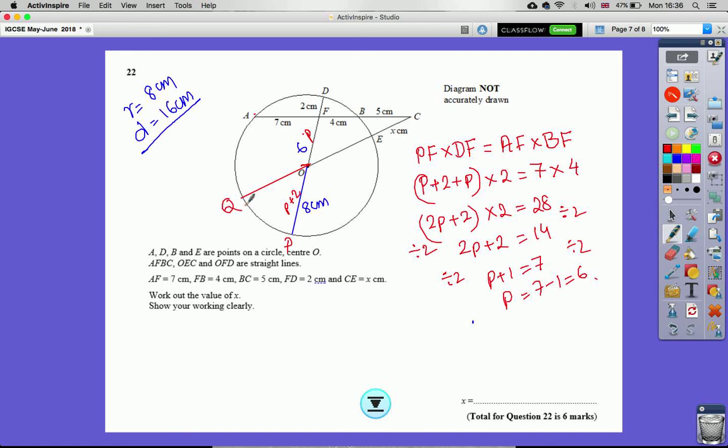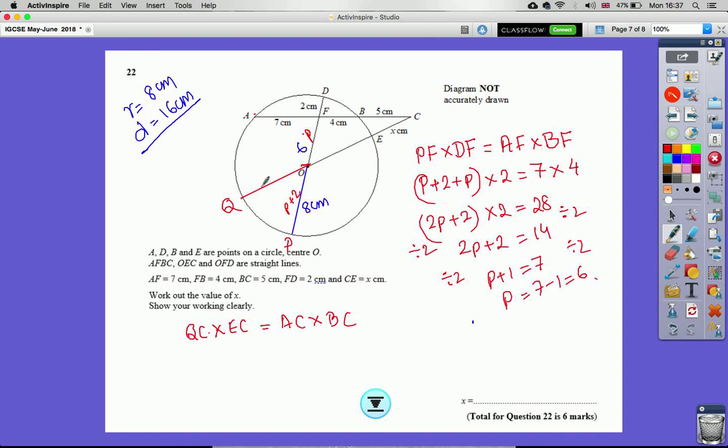So again I'm going to use the intersecting chords theorem where the chords are meeting outside the circle. When the chords meet outside the circle, we call them a secant. Anyway, I'm going to use AC and QC. I can do QC times EC is AC times BC.